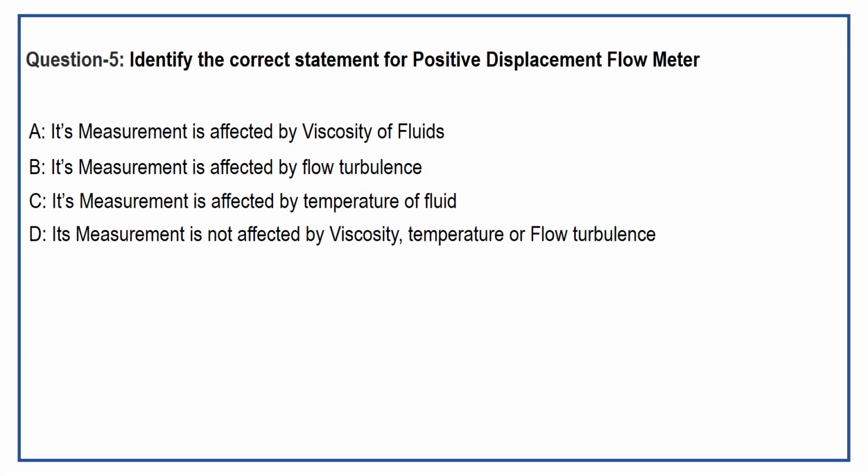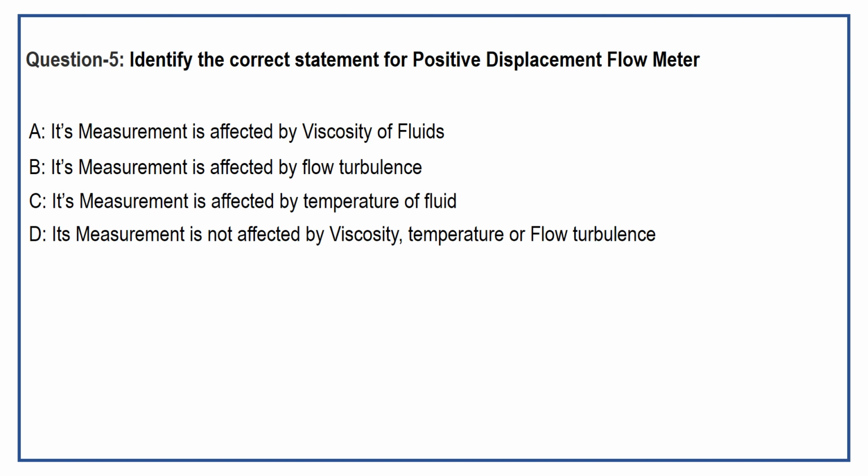Next question is, identify the correct statement for positive displacement flow meter. Options are: option A, its measurement is not affected by viscosity of fluids. Option B, its measurement is affected by the flow turbulence. Option C, its measurement is affected by temperature of fluid.